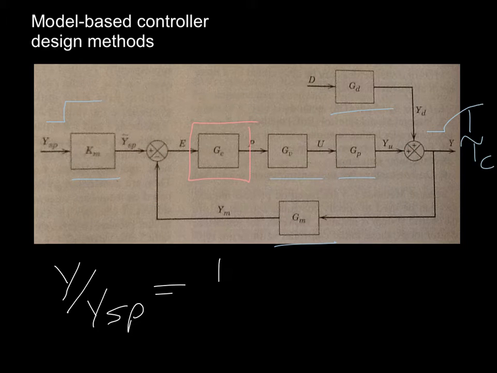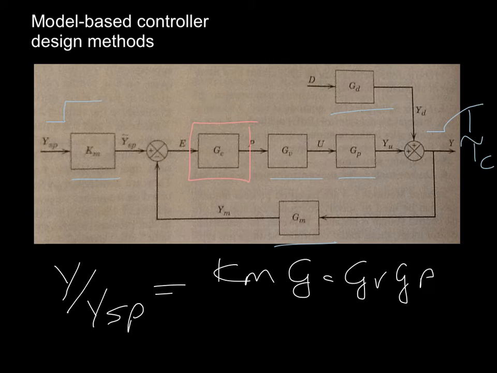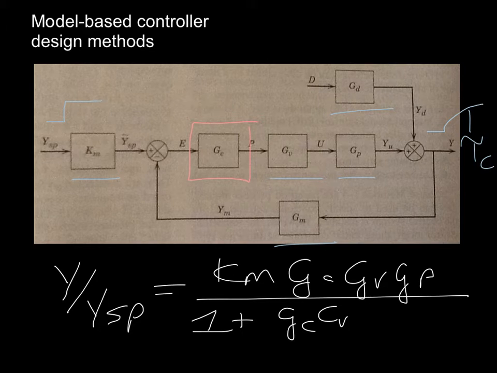So that's going to be Km times Gc times Gv times Gp all over 1 plus Gc Gv Gp Gm. So this is our known closed loop transfer function.